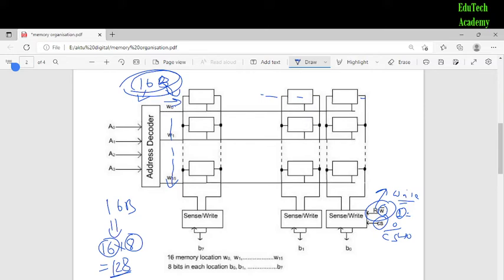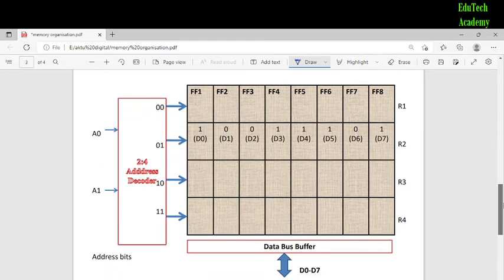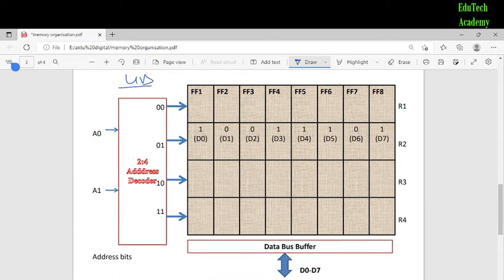The detailed structure can be understood from the given table. Here, this is a 4-byte memory chip, and it has 4 registers. 4 registers means this memory chip has 4 rows: row 1, row 2, row 3, and row 4.